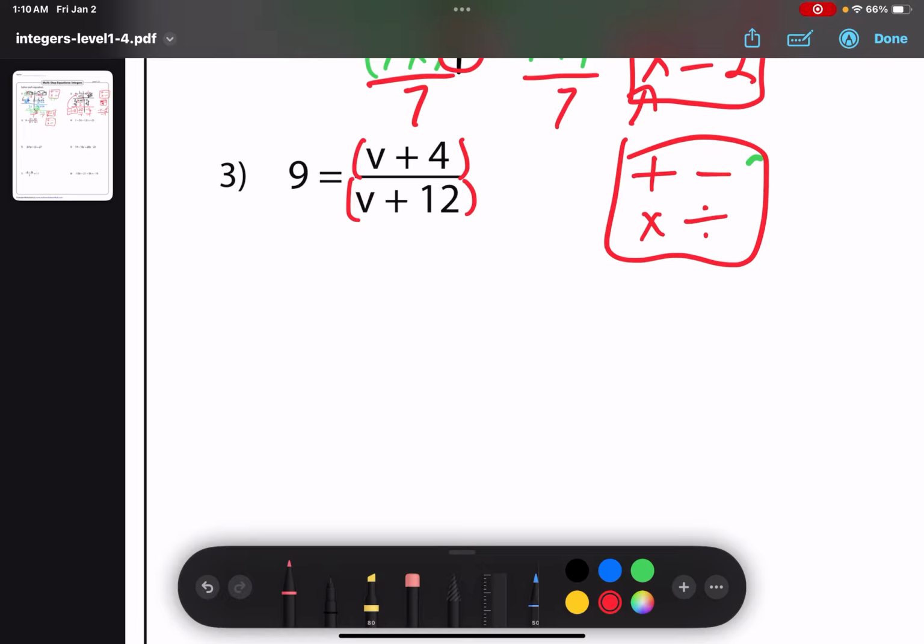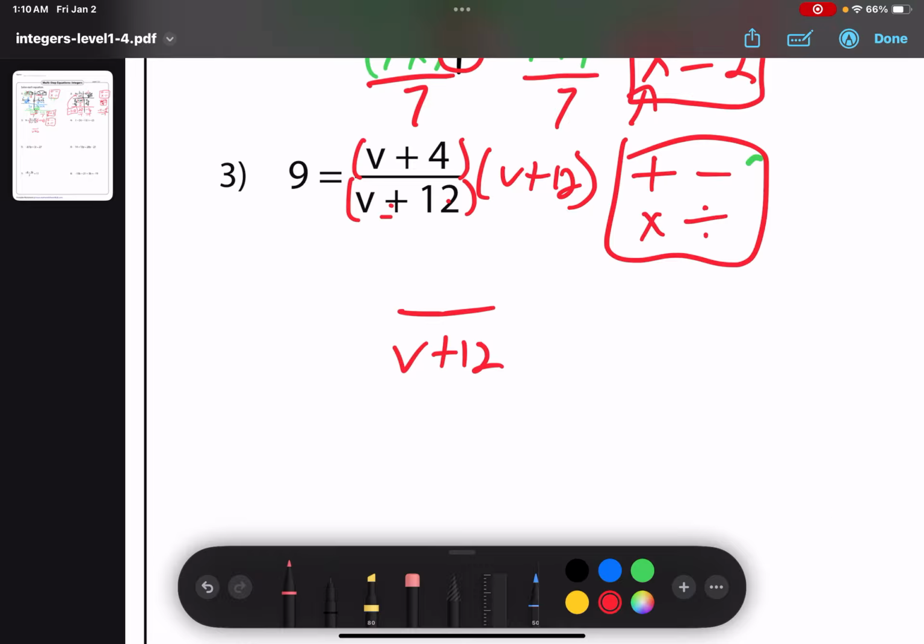What we want to do is multiply by this whole thing. So we're going to multiply by v plus 12. The reason why we do that is because technically this right here is like this, right? But this is taking the part of 1. I know it's getting a little confusing here, but trust me on this one.